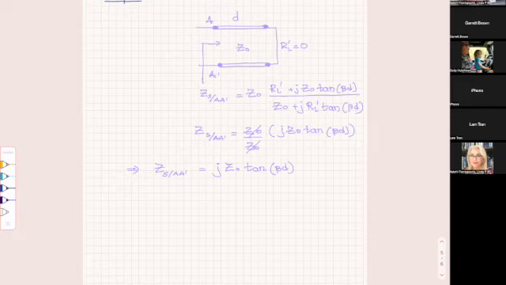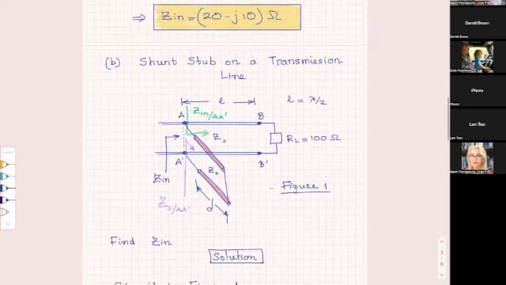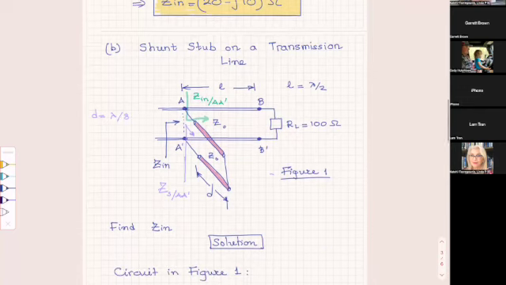All right. And let's assume that D here is lambda over 8.